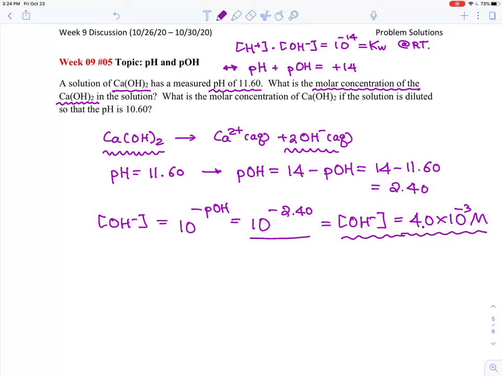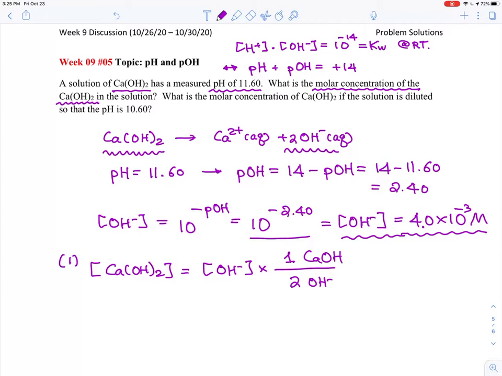What they are interested in is the Ca(OH)2 concentration, but we do know the OH minus concentration. Now you are going to use a unit conversion, which is 2 OH minus per 1 Ca(OH)2.